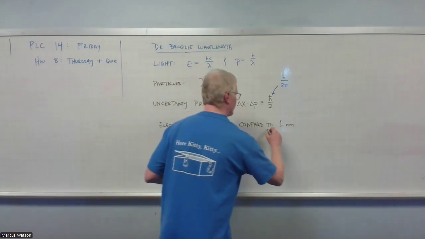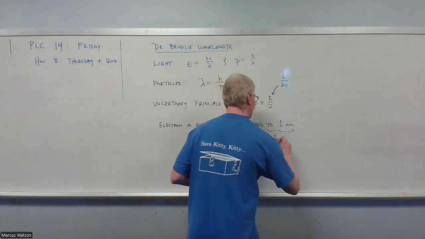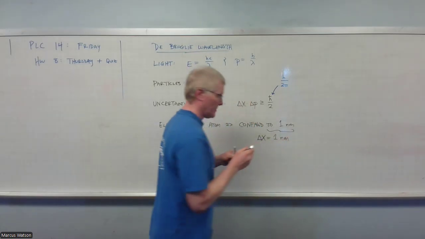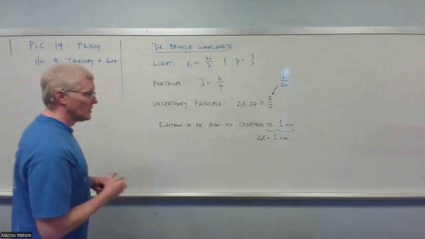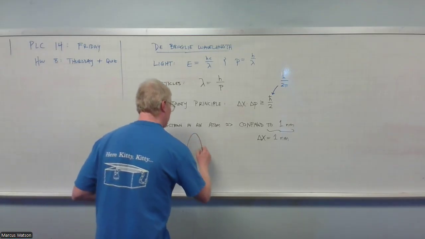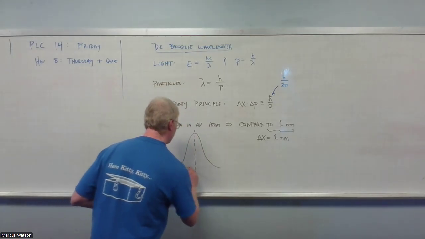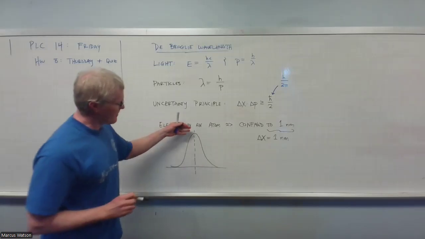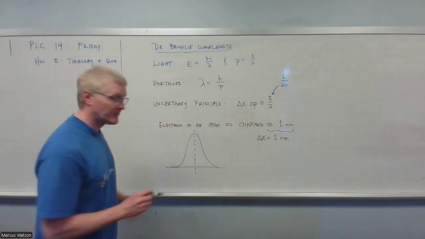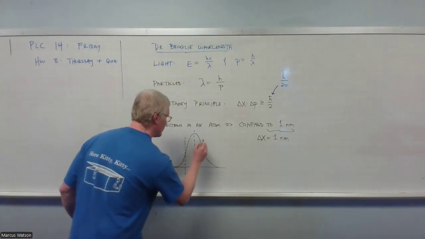What that means is, if I consider that to be a standard deviation, then the standard deviation here is our best guess of where the particle is, and then the standard deviation would say about here to here.